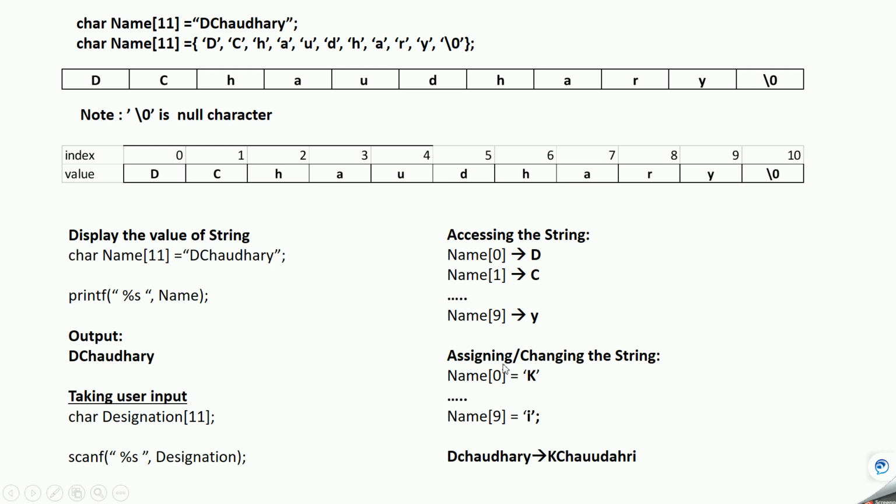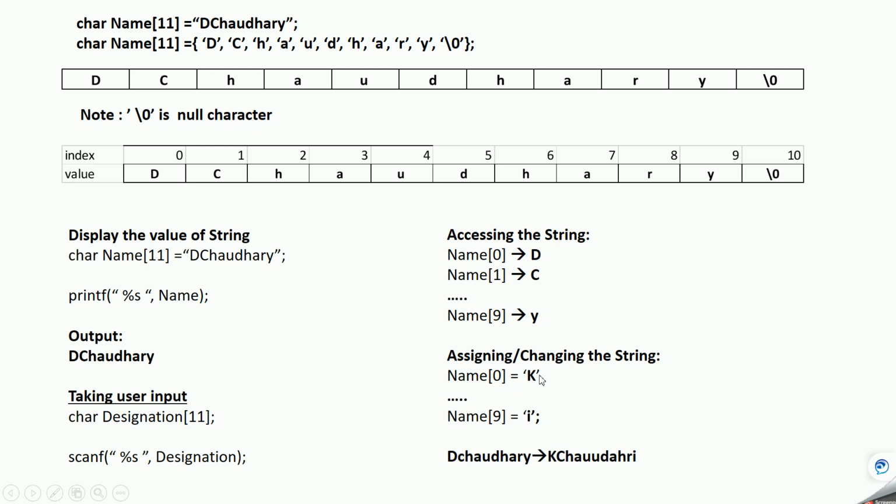Same way there is another operation called assigning, or basically changing the string. Suppose by mistake I have written D here, and I don't want to come here and change it, I just want to update this value. So the other way is that you just say the name of the string, and the character at 0 position, the position I want to change, and whatever value you want you can give here.